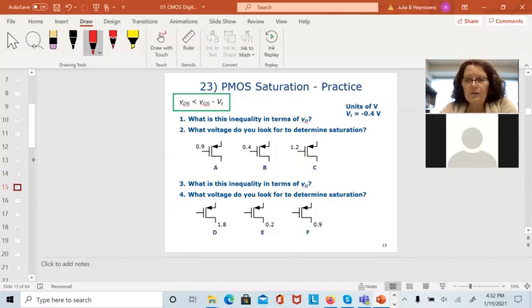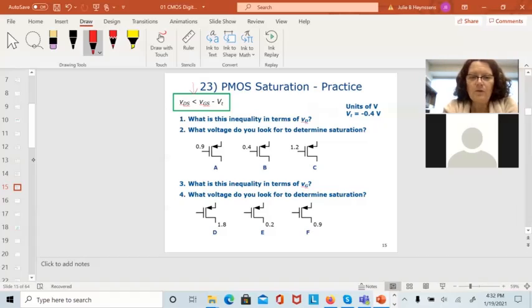For saturation, the difference between PMOS and NMOS is the flip of that sign. For NMOS, it was VDS greater than VGS minus VT. For PMOS, it's VDS less than VGS minus VT.